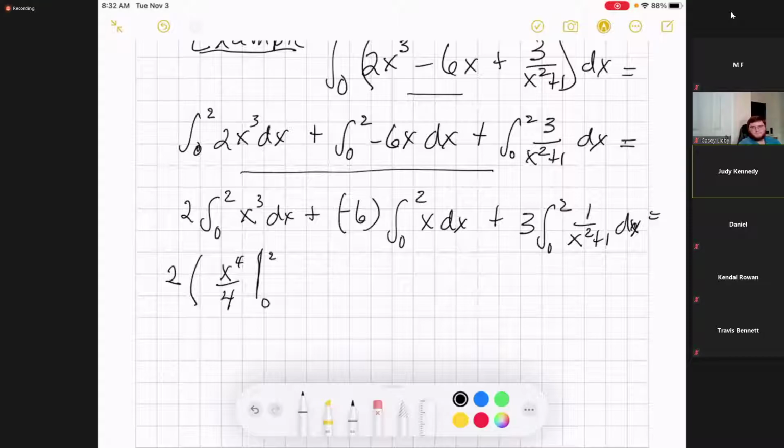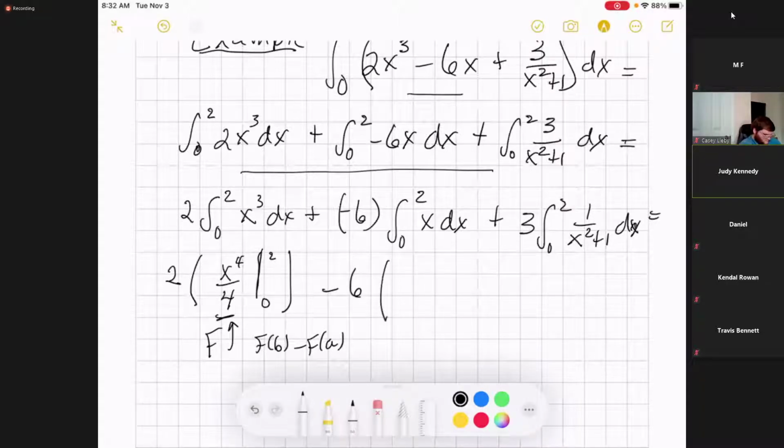And then I'm going to use the fundamental theorem. So this is capital F, but then I want F of b minus F of a. So that's really what this bar with these numbers is telling me.